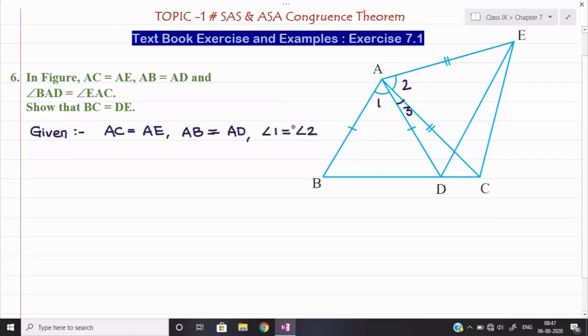Already I renamed the two given angles, BAD as angle number 1 and CAE as angle number 2. Now what we need to prove here? We need to prove BC is equal to DE. Okay, let us start the proof.